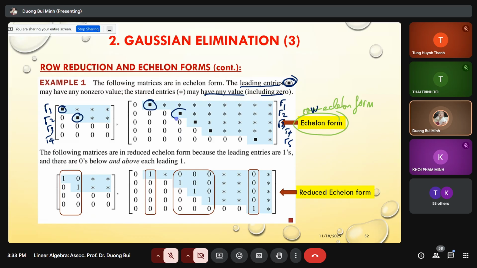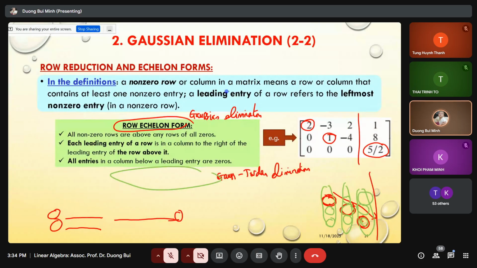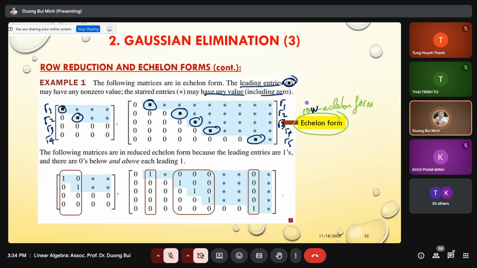Okay, 0 cannot become the leading entry. Leading entries refer to the leftmost non-zero entries. So 0 cannot become the leading entry.